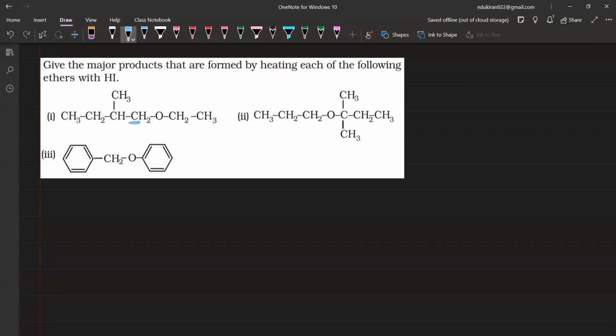Sir, 1 degree. And what about this carbon atom? Sir, 1 degree. This is also 1 degree. ठीक है. अब इसमें से बताइए which is less hindered, blue or red?